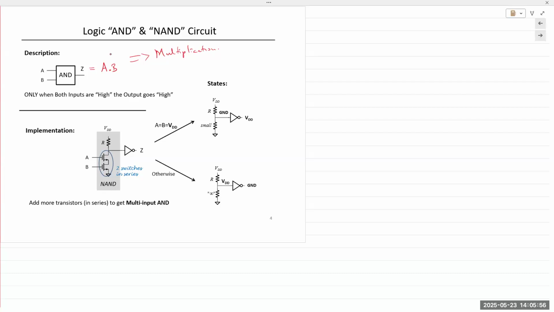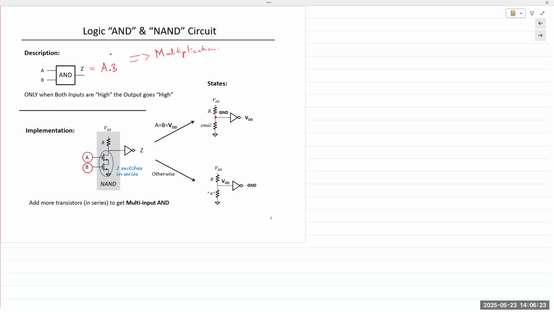So you have two switches in series. You have the two gates acting as the input. Right? Two gates of the transistors acting as gates of the AND gate. And so this time both transistors must be on in order for the output to change.